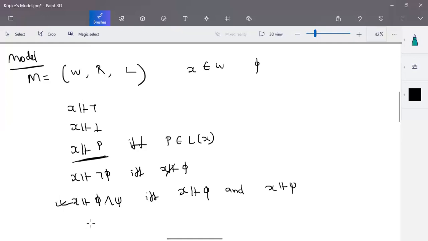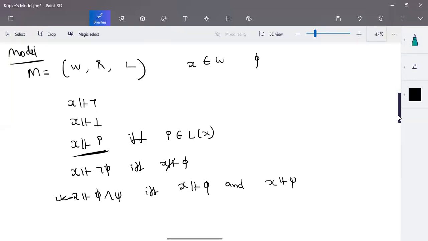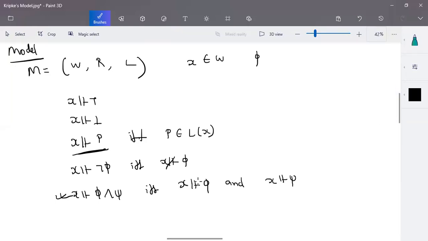A very important thing to know is regarding the new operators that we have used over here.